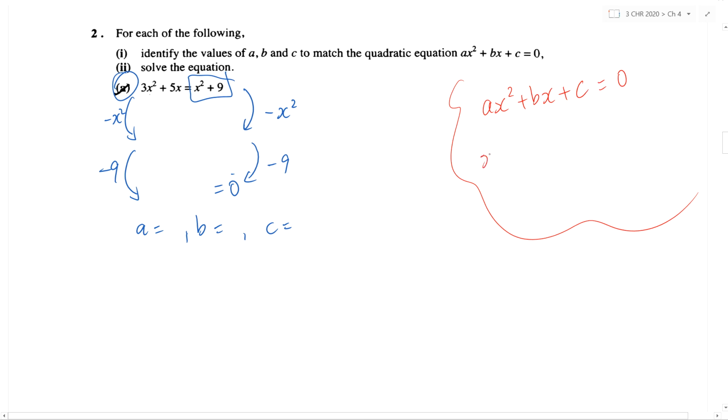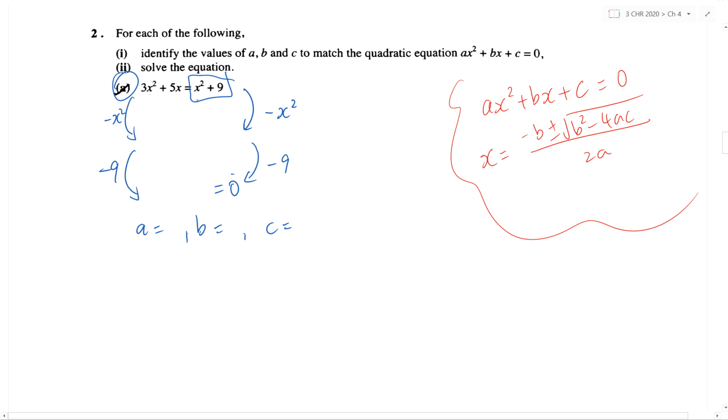Then you can use x equals minus b plus minus square root b squared minus 4ac over 2a. Look at the question. Do you have it in the form ax squared plus bx plus c equals 0? Have or don't have? Don't have, right? Right hand side is not 0, obviously.